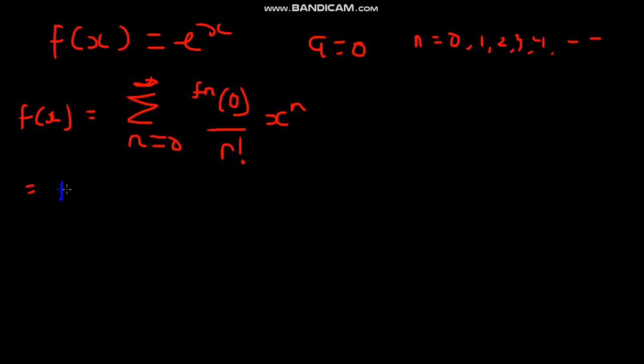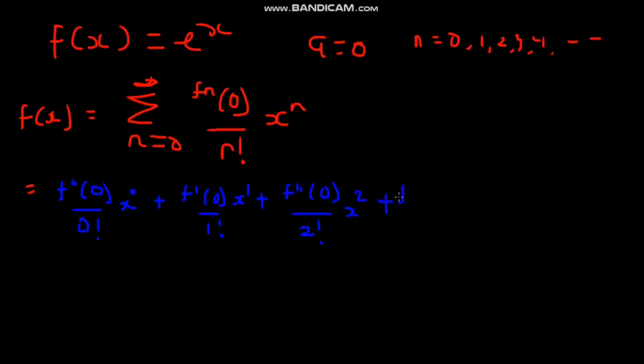The first one will be the zeroth derivative of the function at 0 over 0 factorial, times x to the power 0, plus the first derivative of the function at 0 over 1 factorial, times x to the power 1, plus the second derivative of the function at 0 over 2 factorial, times x to the power 2, plus the third derivative of the function at 0 over 3 factorial, times x to the power 3.